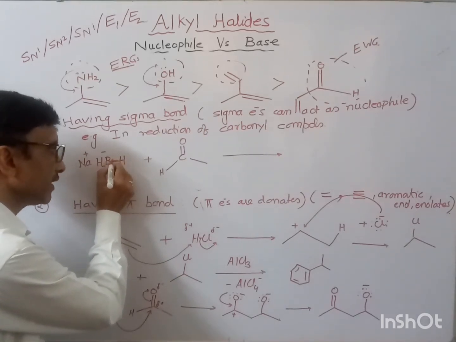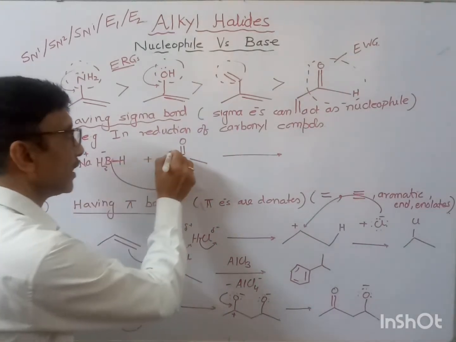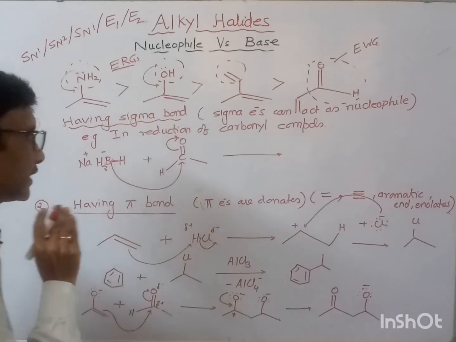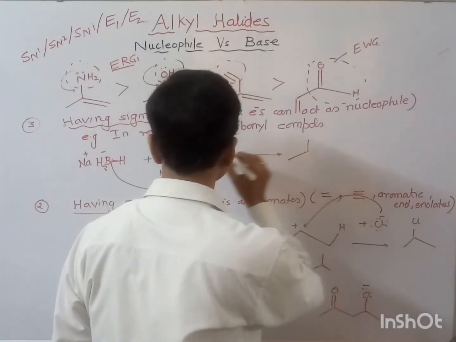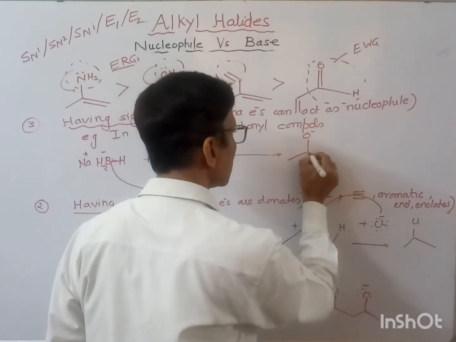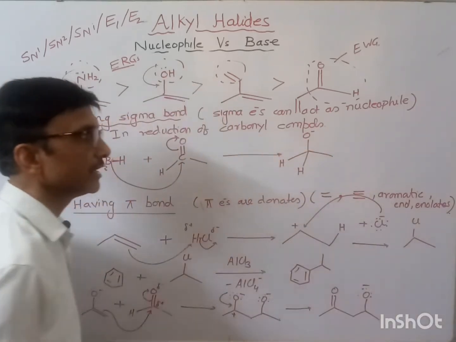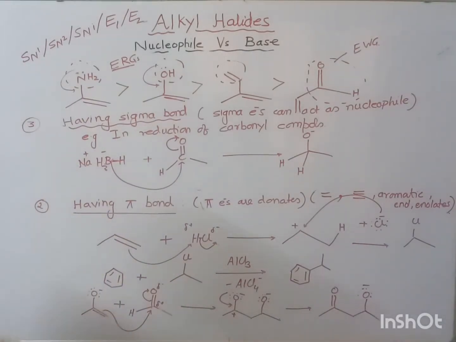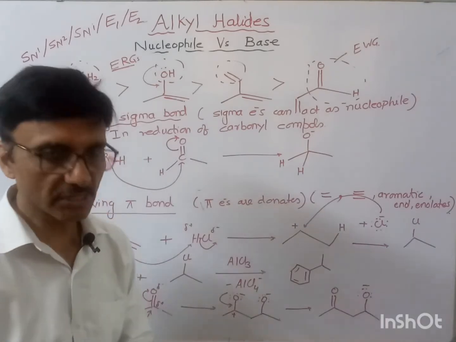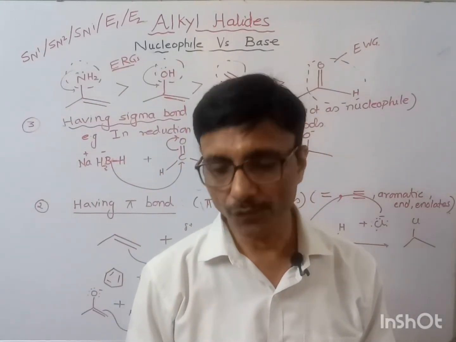The hydride ion attacks this electrophilic center, and it is reduced. So we may write O minus, and here hydrogen is present over here, another hydrogen being added like this. In this way the sigma electrons, the sigma bond, can also act as a nucleophile.